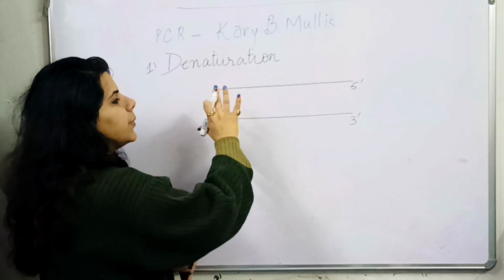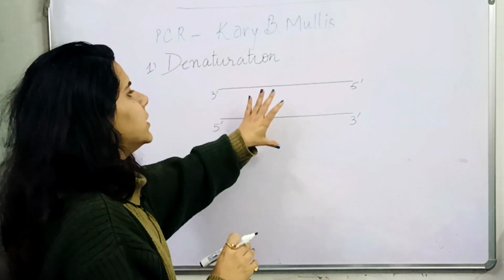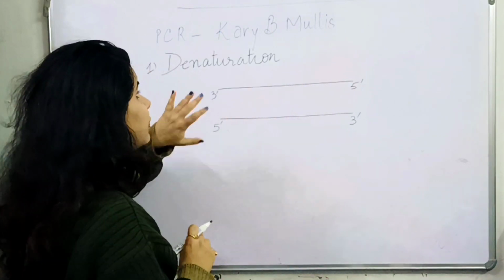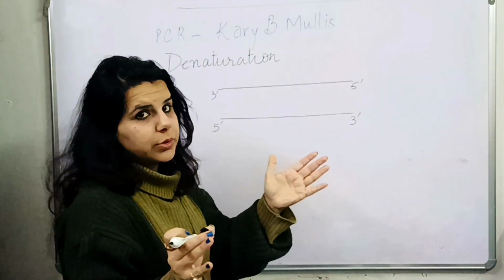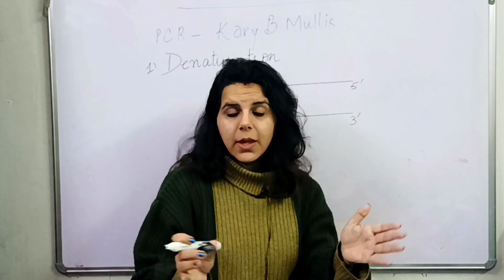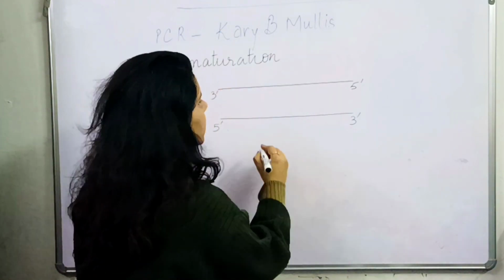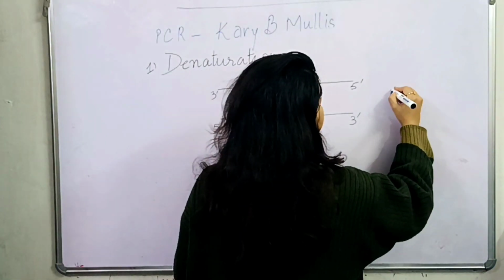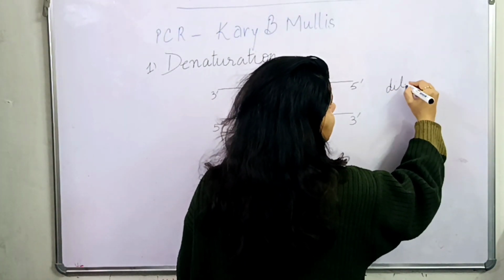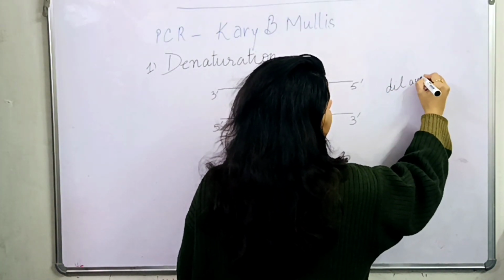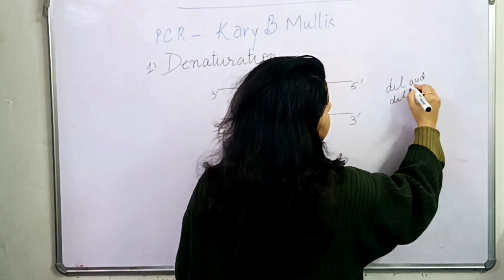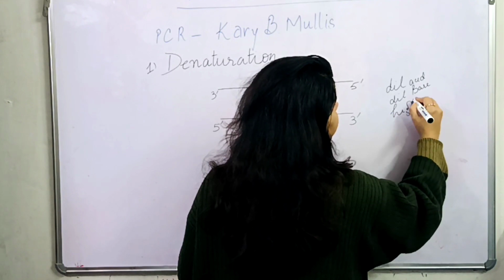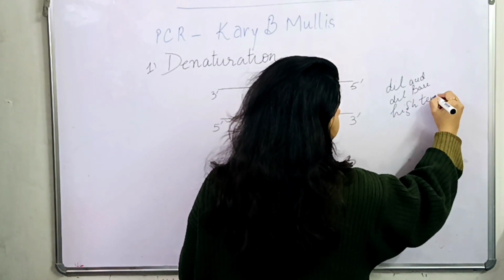Okay. So now both of these strands are together. Our purpose in the first step is to denature them, to separate them. And how are we going to do that? We can use a dilute acid. Supposedly I can use dilute HCl, or I can use a dilute base, or I can also use a very high temperature.